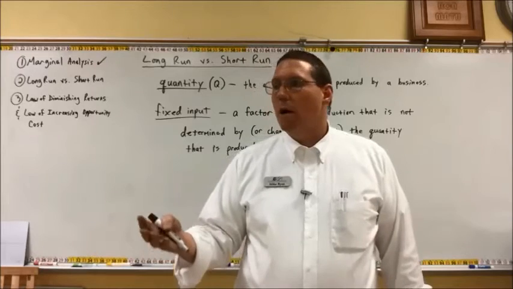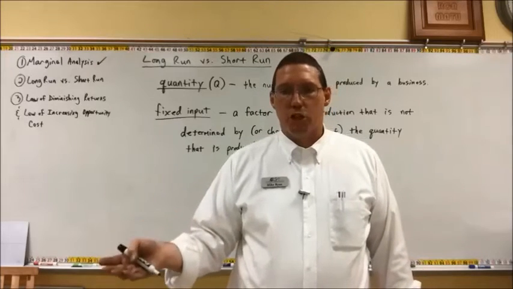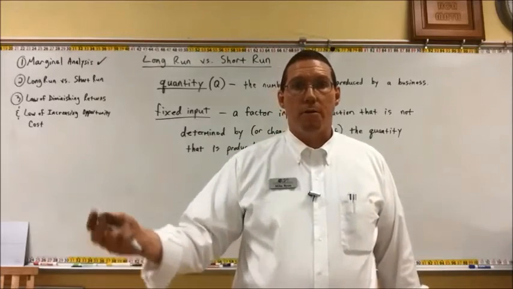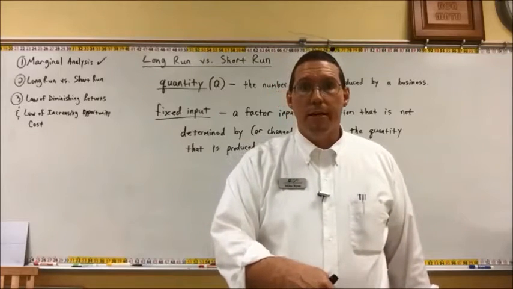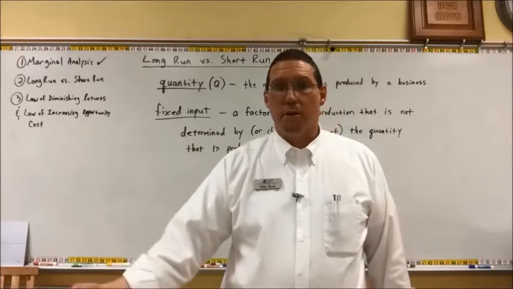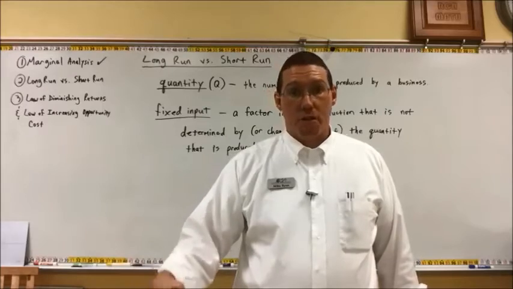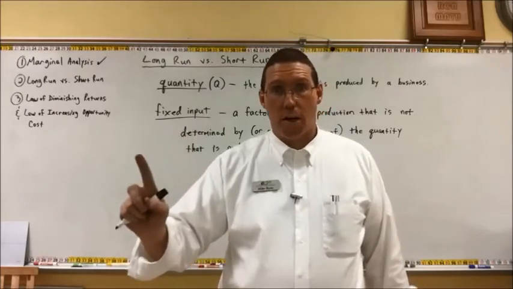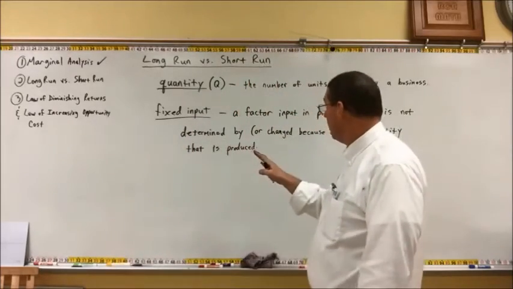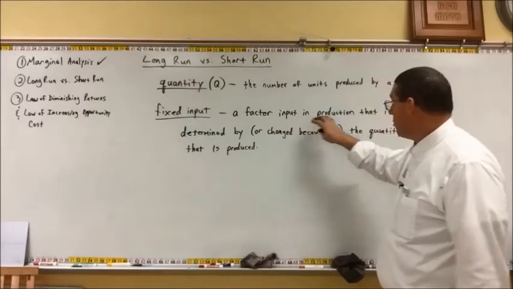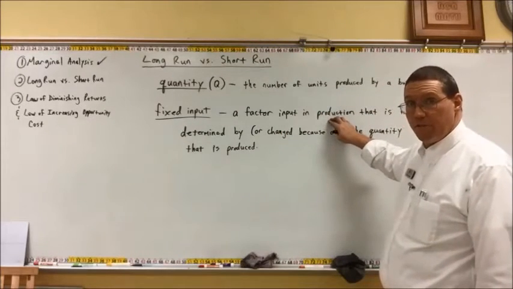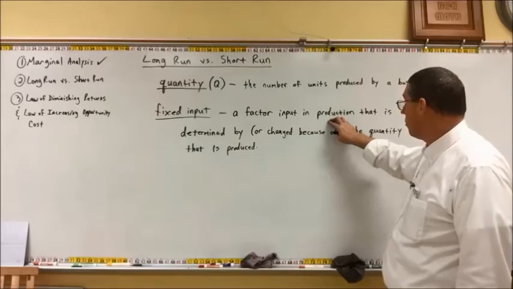Whether that plumber does 0 jobs in a day or 6 jobs in a day, they're still going to have that one truck. That truck is a factor input. It's used in production to fix plumbing or to produce plumbing.